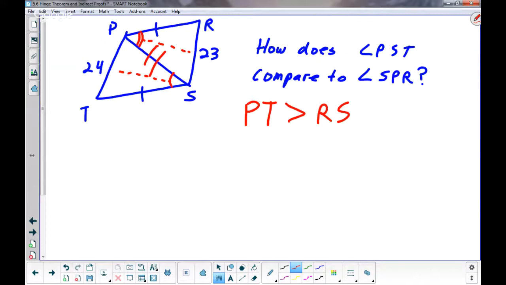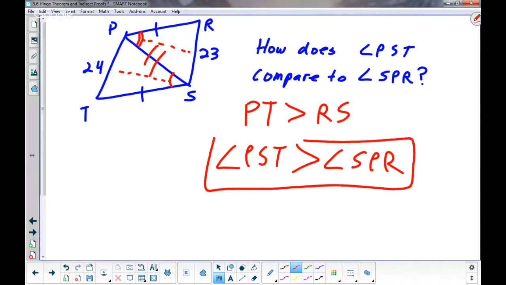So we can then say that angle PST is larger than or greater than angle SPR. And that pretty much is how the Hinge Theorem is applied.